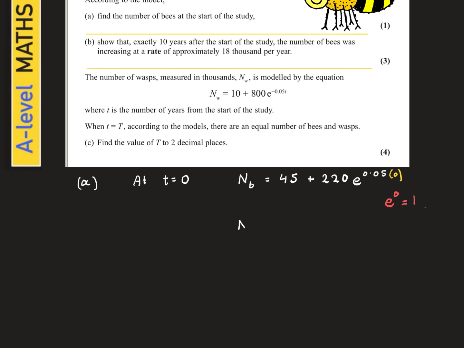And so the number of bees will be just 45 plus 220 times 1, which is 220, and that makes it 265,000, because the number of bees is measured in thousands. And so this is where you'll get your mark.